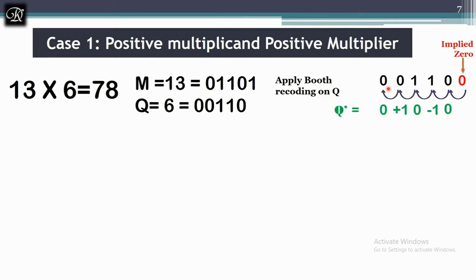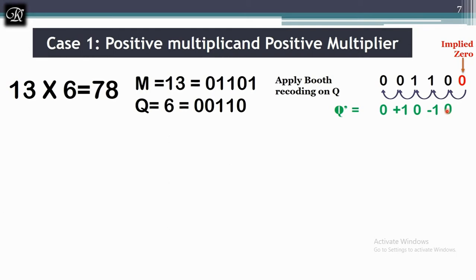Rather than multiplying a given number with 00110 here, we are going to multiply with 0, positive 1, 0, negative 1, 0. We will be getting the correct answer.